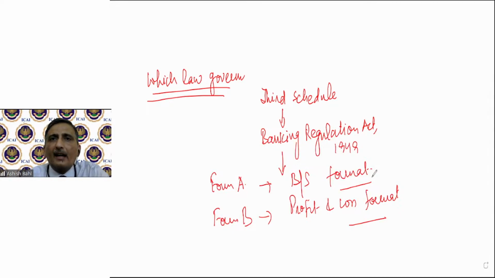You would not forget that the format for the balance sheet is prescribed in the third schedule to the Banking Regulation Act 1949, and for the balance sheet it is Form A, and for profit and loss it is Form B. You would not have to cram up the things then. Okay.